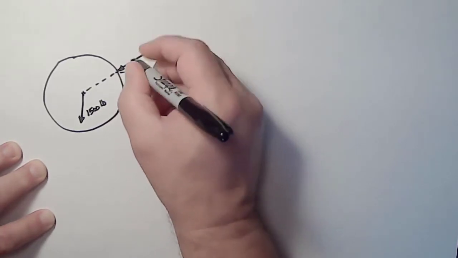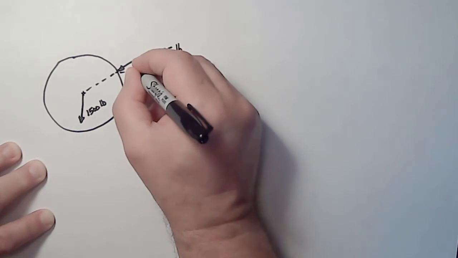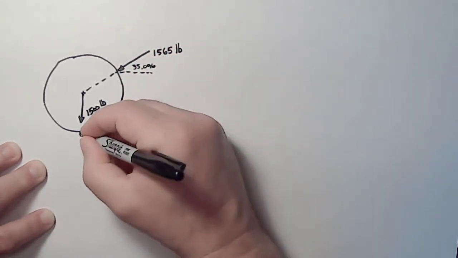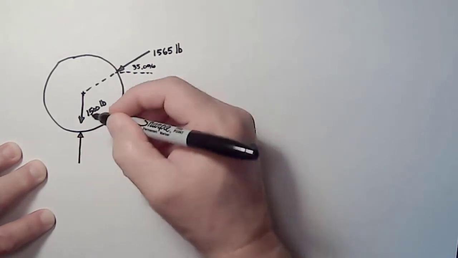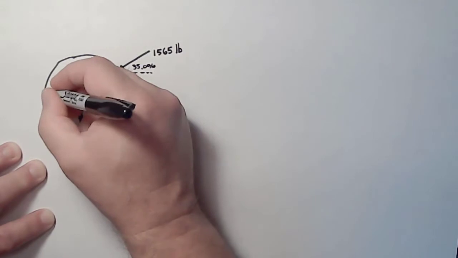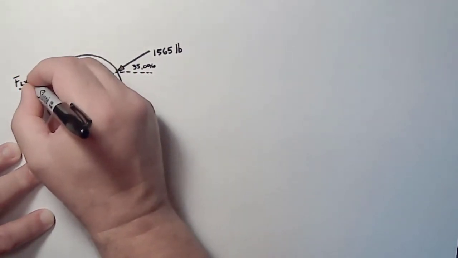And of course we know that's at an angle of 35.096. We have an unknown force from the floor and another force from the left wall.